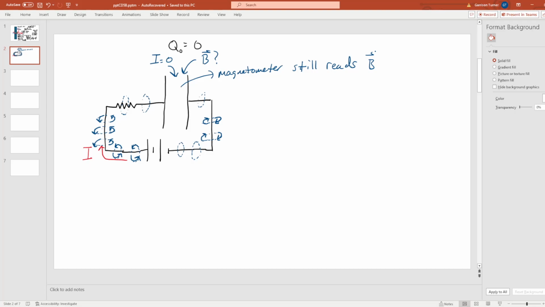Well, what is between the plates? If this is the positive terminal of your battery and this is the negative terminal, then what will happen is your plates will gather positive charge on this plate, negative charges on this plate, and you will have electric fields.